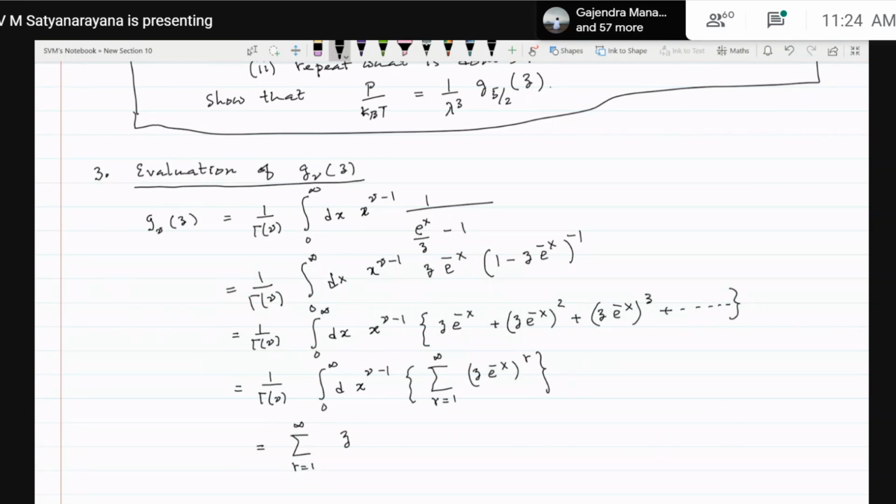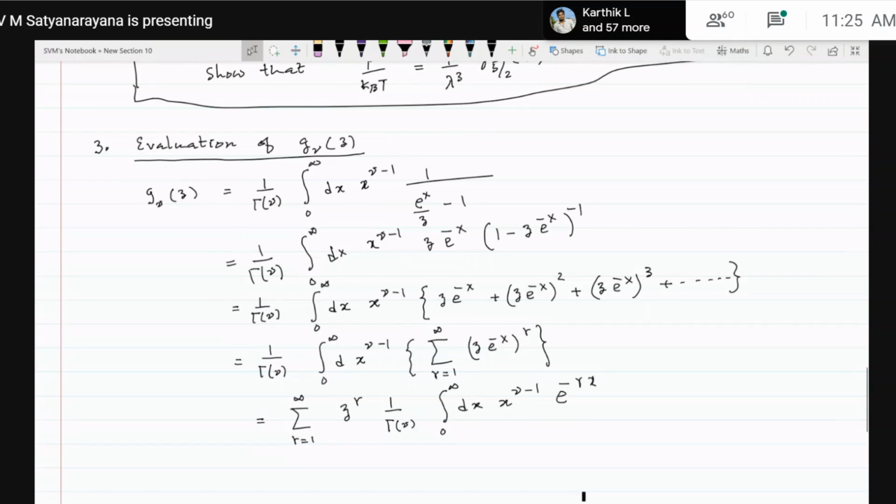That is, I have z to the power r and 1 by gamma of mu into integral 0 to infinity dx x to the mu minus 1 into e to the minus rx. So this integration I have to perform, and this integration is rather straightforward.